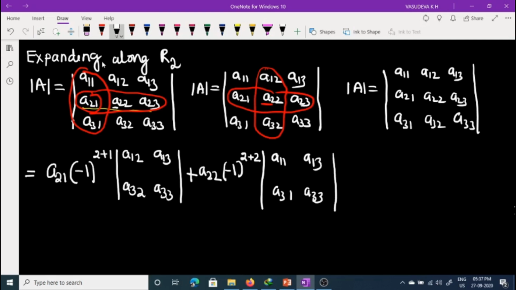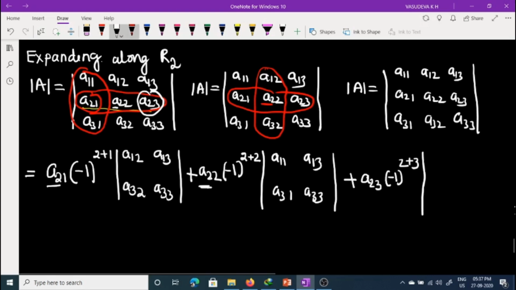Then plus, since we are expanding along the second row, A23 is the next element. A21 is the first element, A22 is the second element, and A23 is the third element. Now minus 1 to the power of 2 plus 3, determinant of the remaining elements.